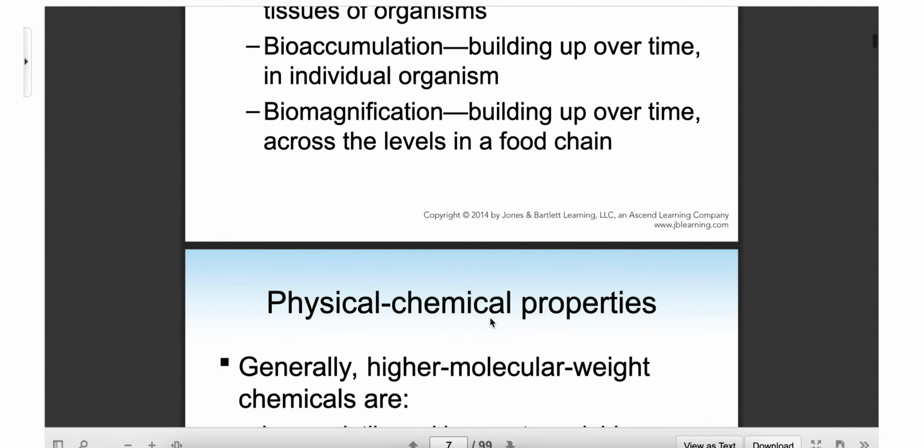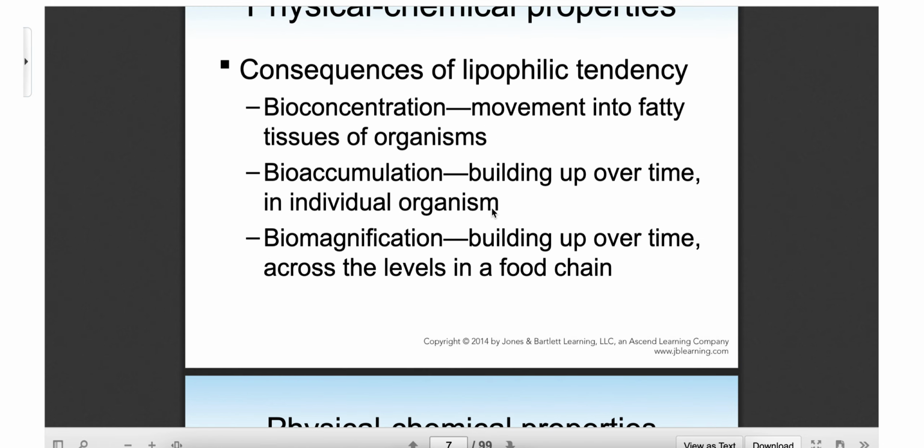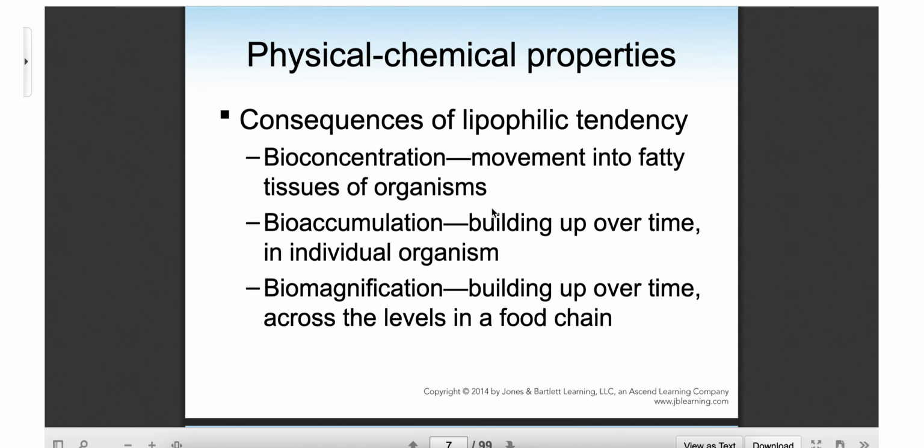And so you have this building up from a lipophilic tendency. Concentrations can move, so maybe something can move through the fat tissue over time. Sometimes we have things like bioaccumulation, where they build up in the fat, and the more you ingest over your lifespan, the higher that concentration is and the more dire the effects could be.